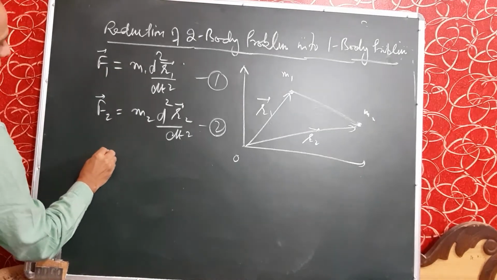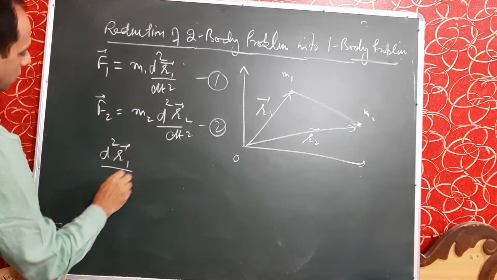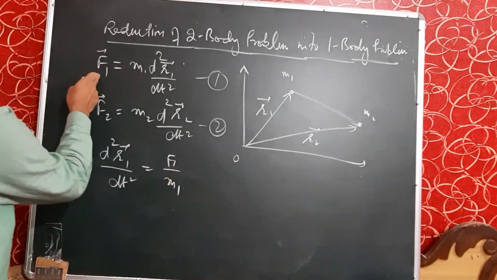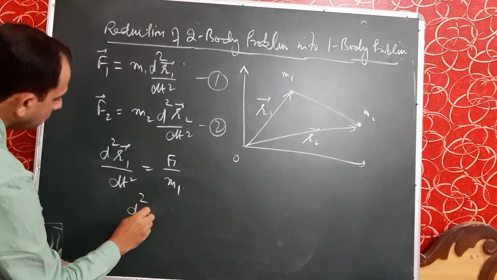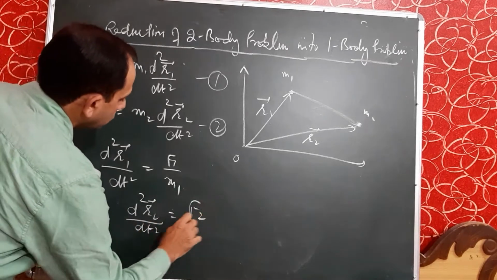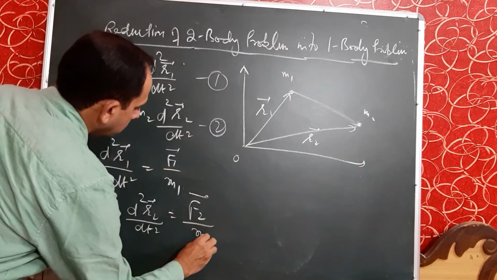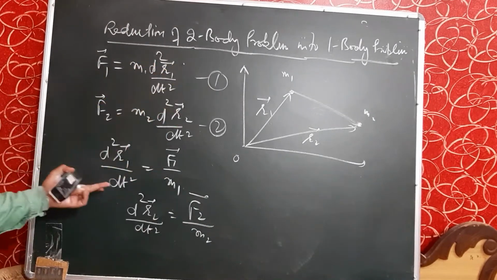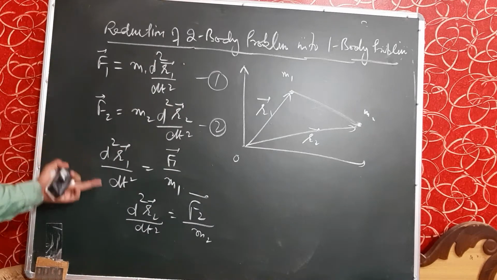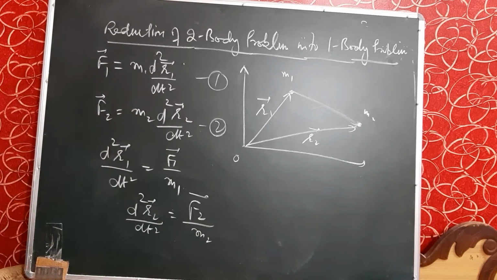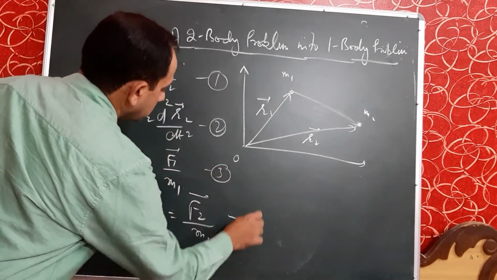So, we get d square r1 upon dt square is equal to F1 by m1, and d square r2 upon dt square is equal to F2 upon m2. Basically, I have written these equations by dividing by m1 and m2. Is it clear? So, these are equations third and fourth.